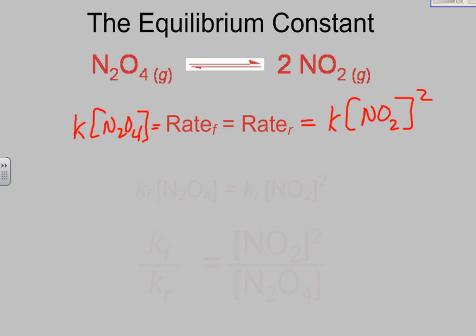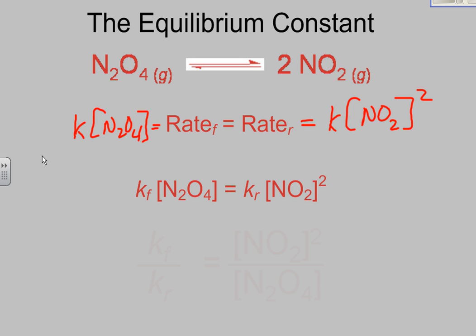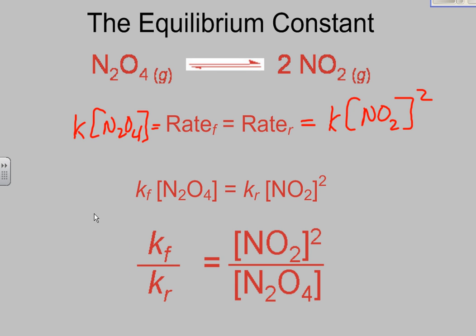Since these two rates are equal, we can equate the two of them, and we get the expression here. If we rearrange this, we get this expression, where a constant is equal to the concentration of the NO2 squared divided by the concentration of N2O4.